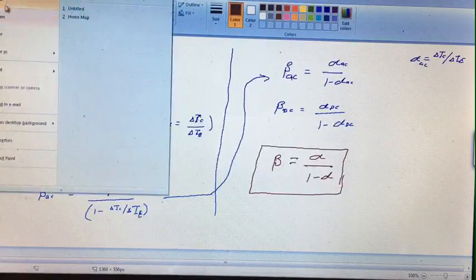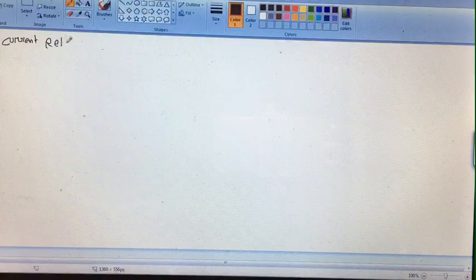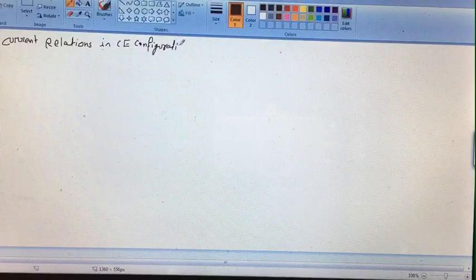Next point, the current relationship in common emitter configuration.